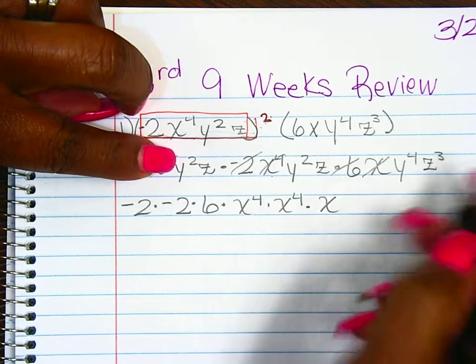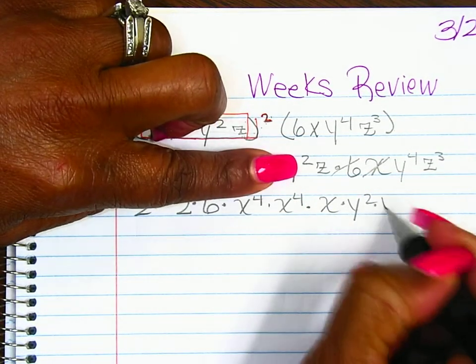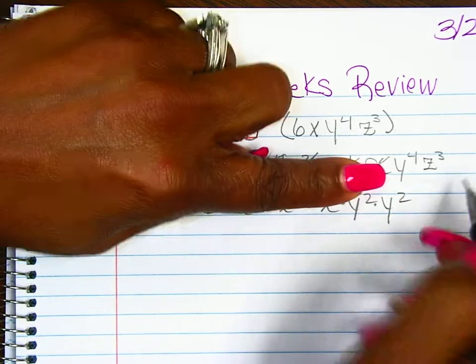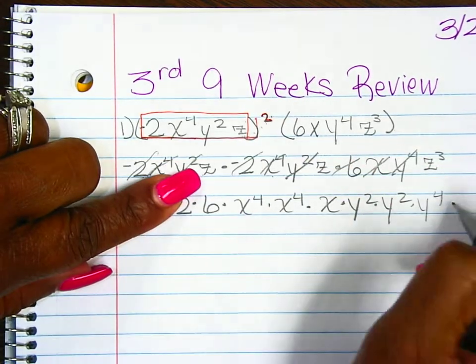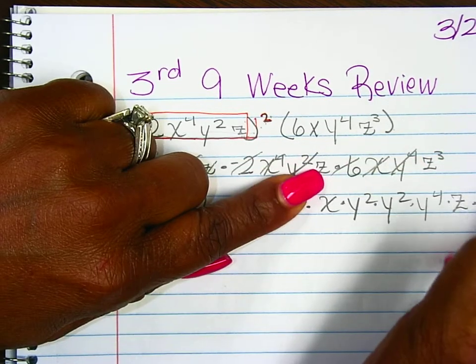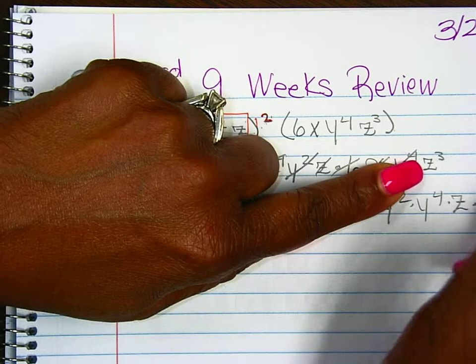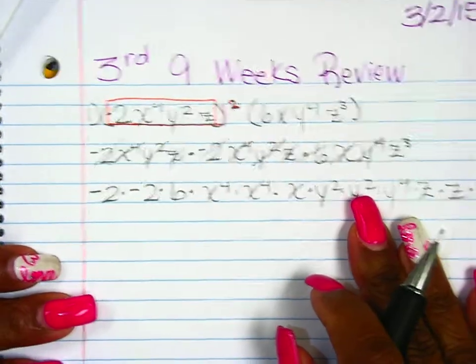Now it's the y. So I have here y squared, times y squared again, times y to the 4th. Now my next variables are z. So z to the 1st, z to the 1st, and z to the 3rd. So the only thing I've done now is the commutative property.